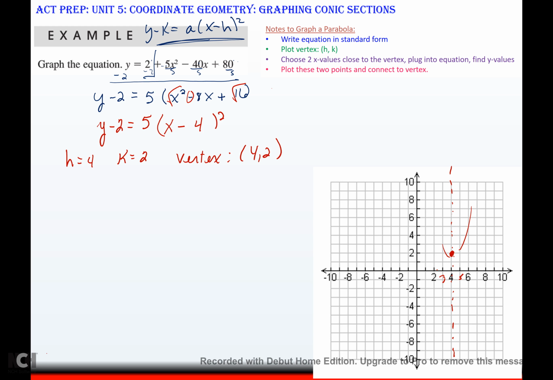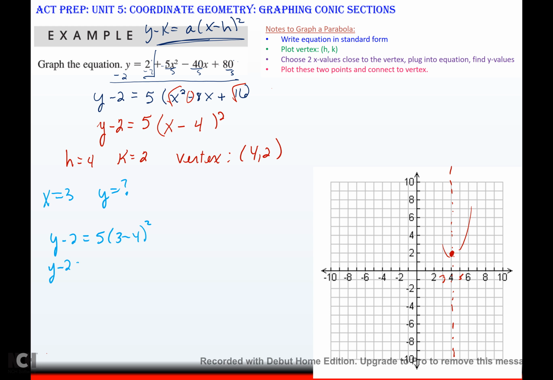You can get farther away, but quadratics get big really fast on the sides, so you want to stay close to your vertex. So I'm going to see what happens if I make x equal 3. What's y? Well, if x equals 3, I have y minus 2 equals 5 parentheses 3 minus 4 squared.